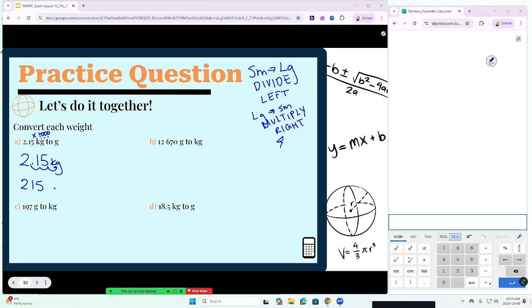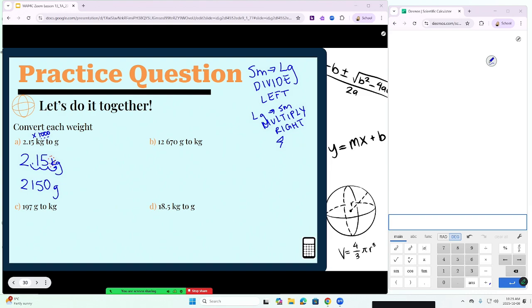I need to include that placeholder, which means that 2.15 kilograms is 2,150 grams. They are all grams to kilograms or kilograms to grams.